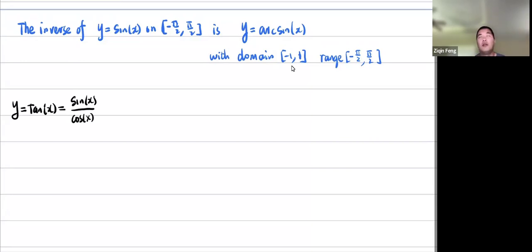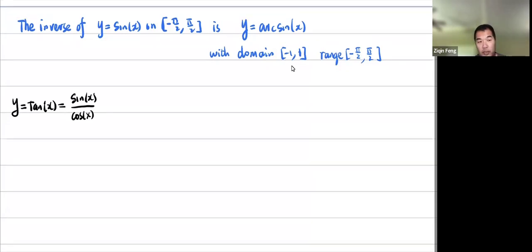You can sketch the graph of this function. The domain is all real numbers, taking away all the x that make cosine of x equal to 0. So the graph of this function looks like this.